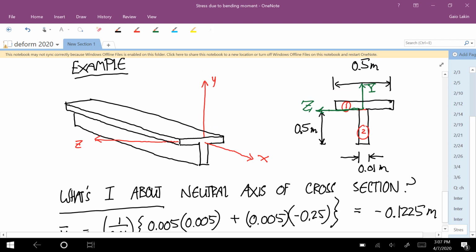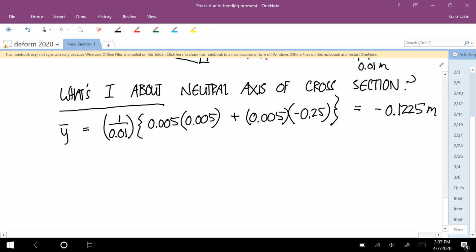So the centroid of this T-shaped cross-section is 0.1225 meters below where I have that green origin drawn. Okay. So now we can use the parallel axis theorem and the formulas for the rectangle to calculate the moments of inertia.